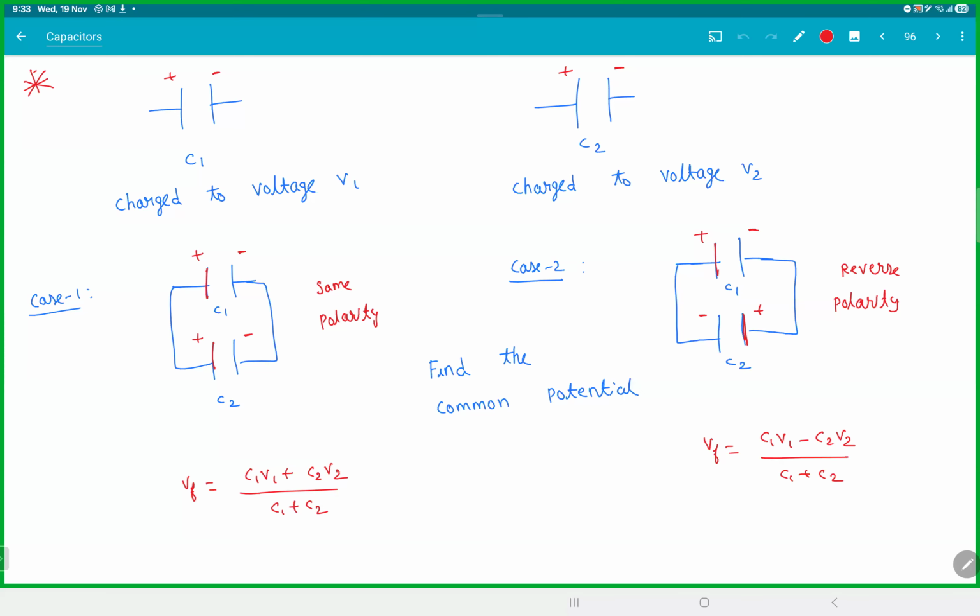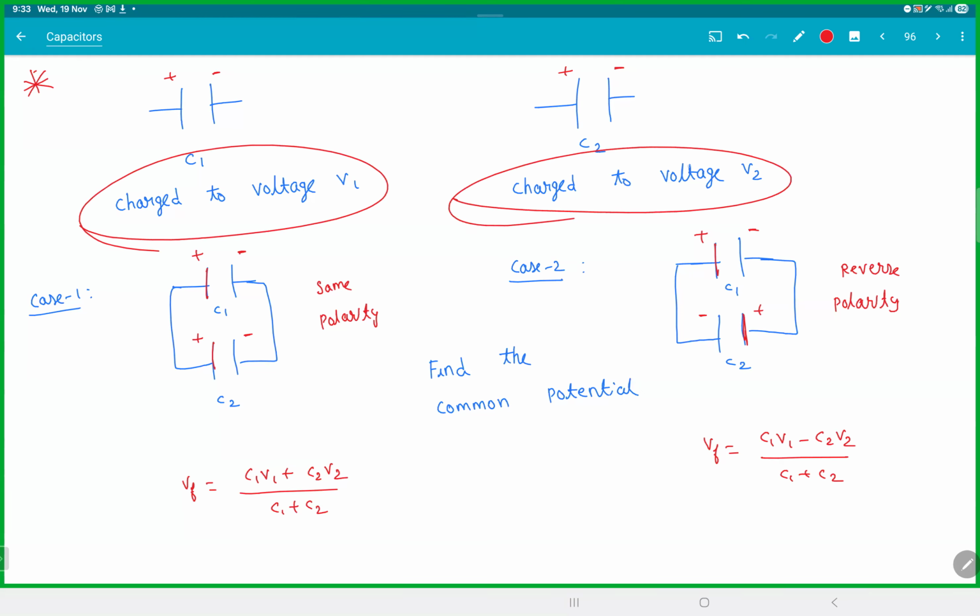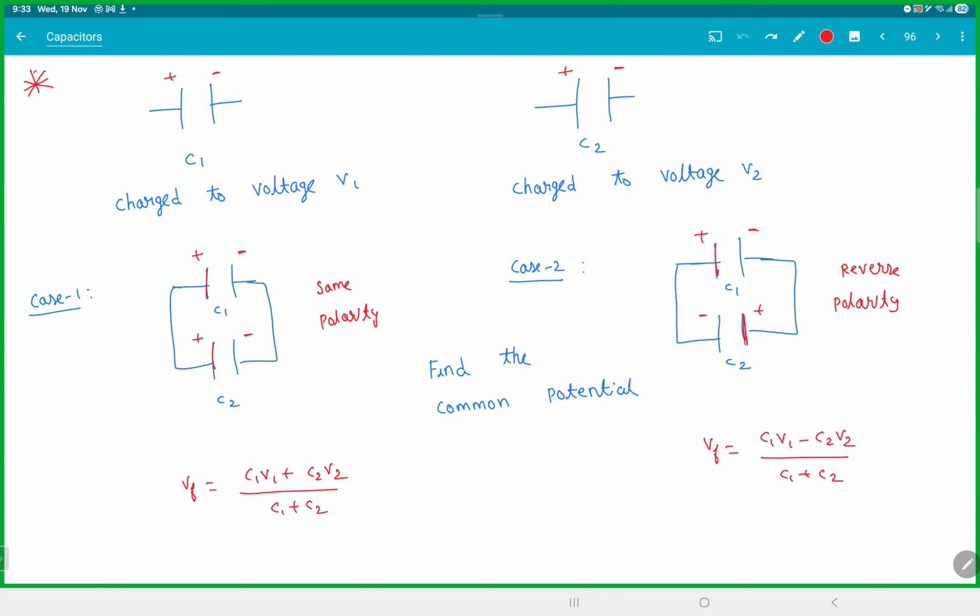Do you remember this result? Charge to voltage V1, charge to voltage V2. Same polarity, reverse polarity. Clear with this? You can do this and finish off faster.